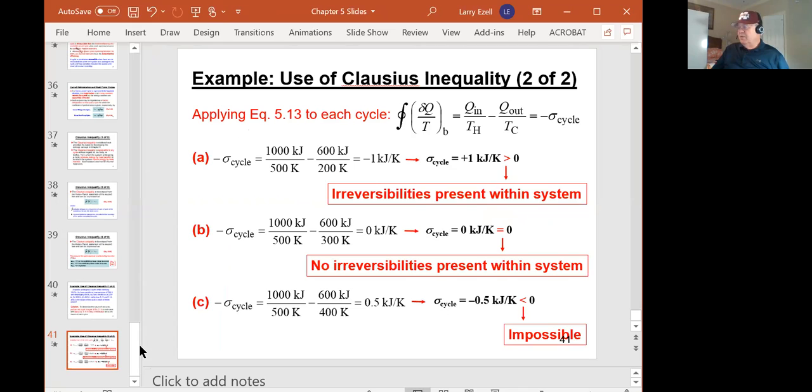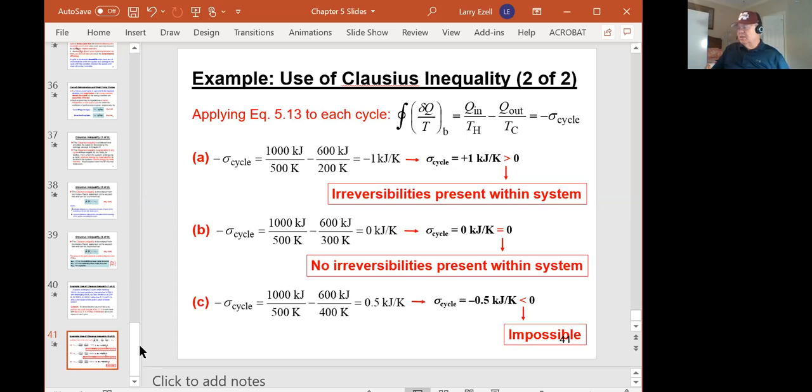So this time we have a 400 K thermal cool reservoir. We have the same 1,000 kilojoules pushed in from a 500 K source, but this time we're trying to push out our 600 kilojoules of heat to a 400 K source.